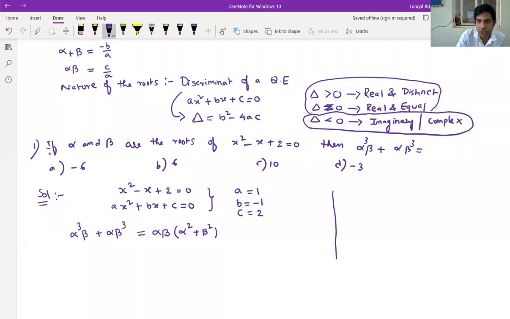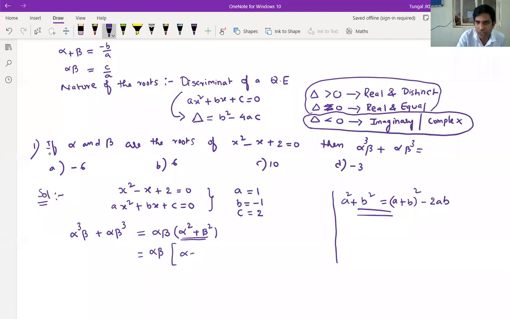See, you remember a square plus b square. What is the a square plus b square formula? In lower classes we have a plus b whole square minus 2ab. So here if I replace this formula, how can you write?